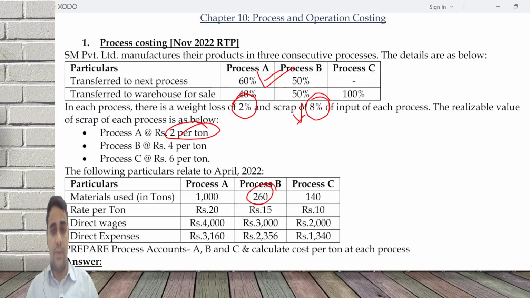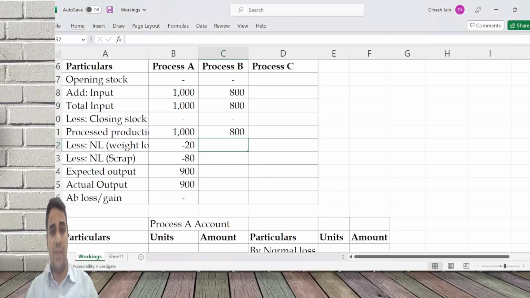Normal losses, again same 2%. Scrap is this. Both are same, no abnormal loss or gain.